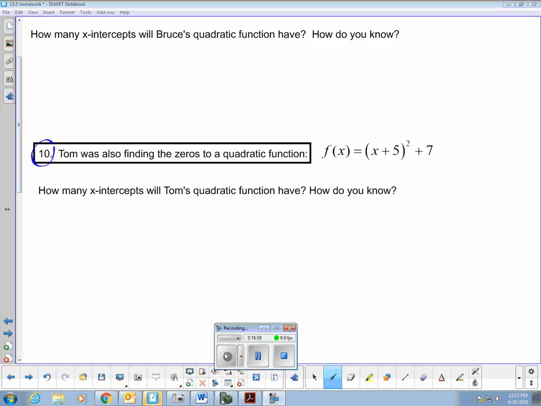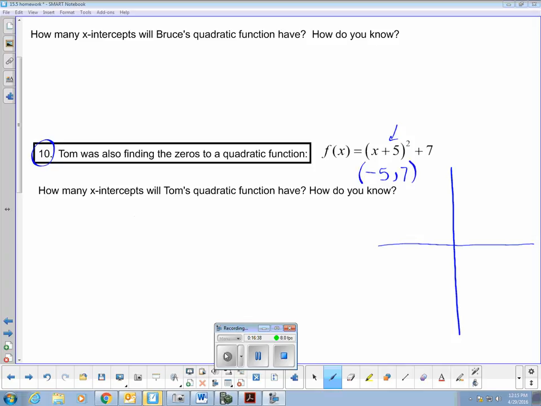There are several ways to determine how many x-intercepts. For those of you who are visual learners and you like to see a visual diagram or a graph of this function, I notice that this function is written in vertex form. And what I do know about this particular function, it's opening up, and its vertex is at negative 5, comma 7.